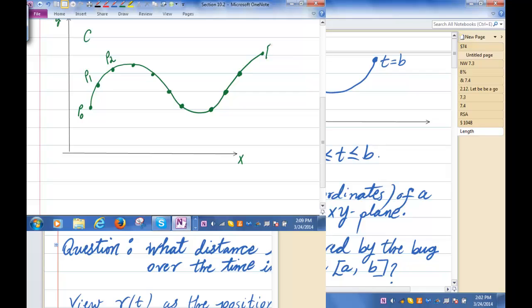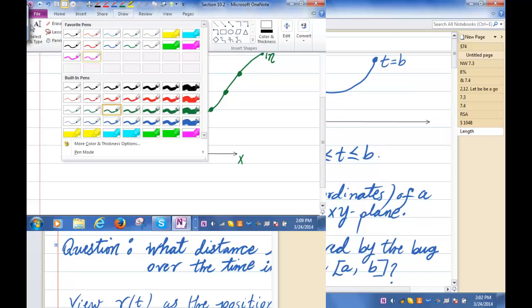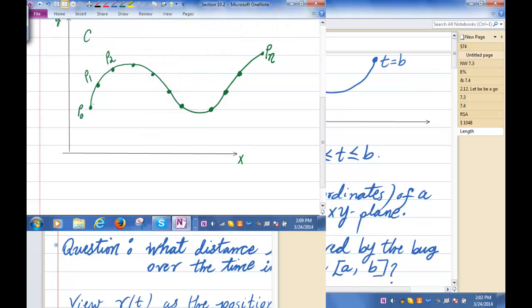And let's say this is the nth point. So I simply picked n different points on the curve, and then I am looking at the arcs between the consecutive points, right? And each arc I will approximate by a straight line segment. So I'm going to join these 2 points. So that's the straight line segment, and this would be another straight line segment.